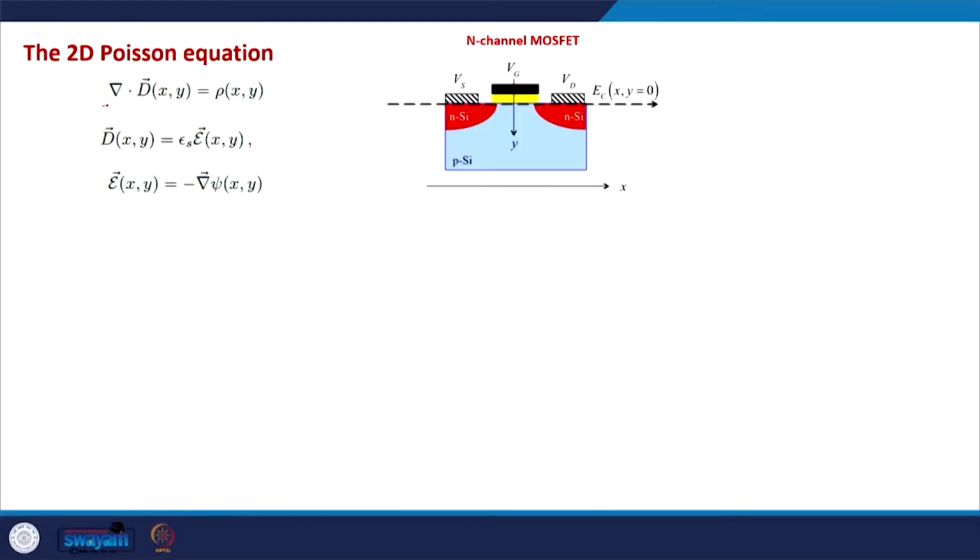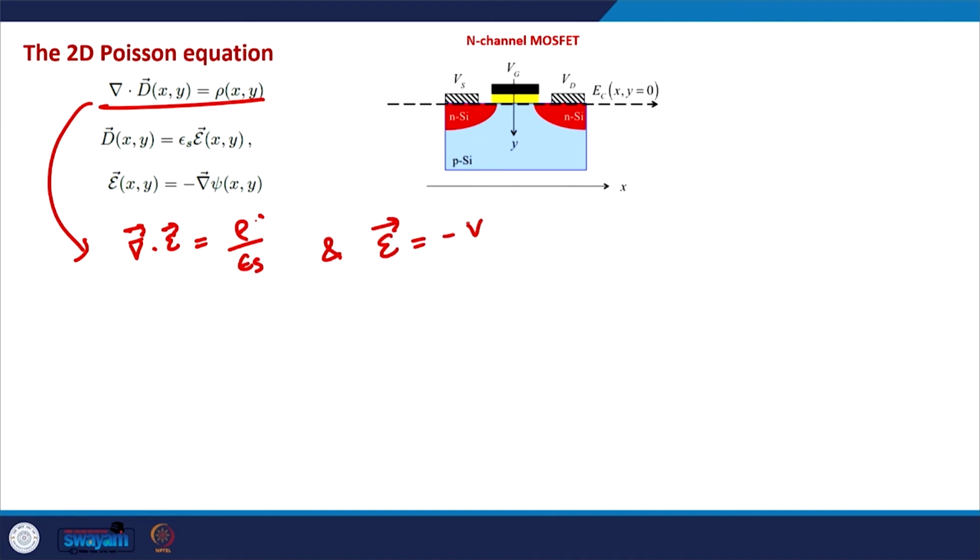So, that means that this Poisson equation del dot D can be written as del dot E equals rho by epsilon s, and in 2D the electric field is the gradient of the 2D potential in the semiconductor. So, now this semiconductor potential psi also becomes a function of two variables, both x and y.